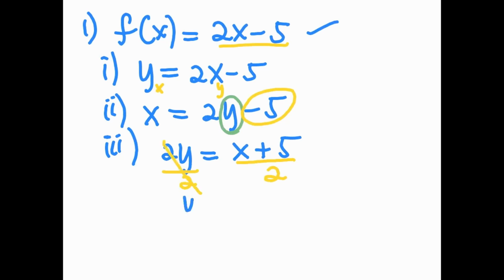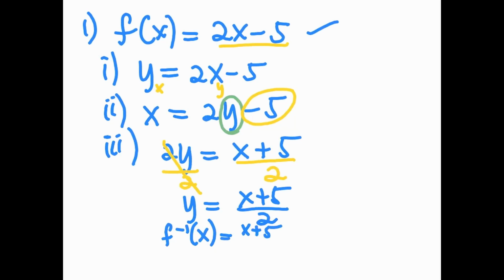Hence, y will be equal to x plus 5 all over 2. Then this will now be f inverse of x, which is equal to x plus 5 all over 2.